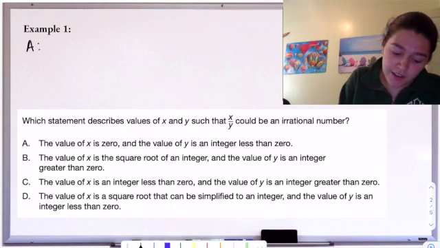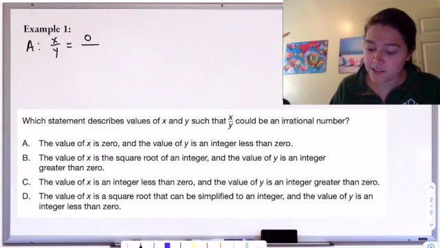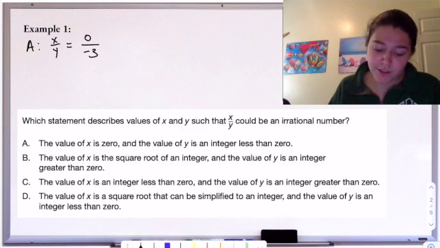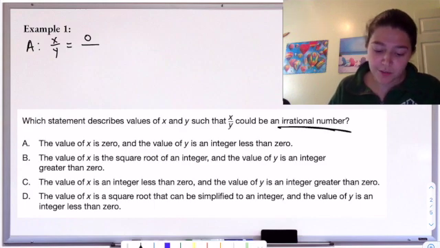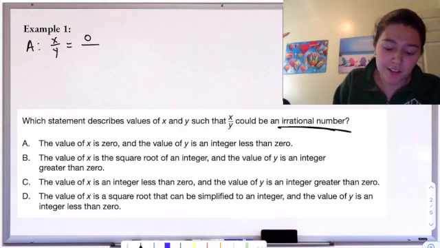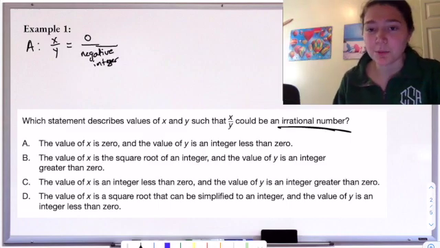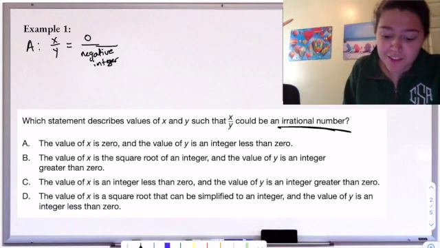So I have A, thinking about x and y, and they're telling me that x is 0 and y is an integer less than 0. For example, like -3. Okay, so this cannot be irrational because what's 0 divided by anything? 0 divided by anything is 0. The only exception is dividing by 0, which we don't worry about. So 0 divided by anything is 0, okay?